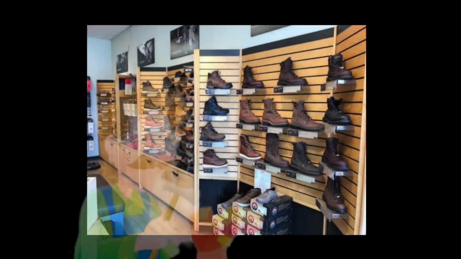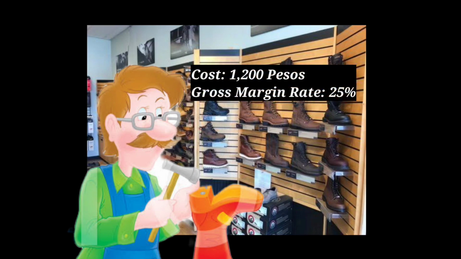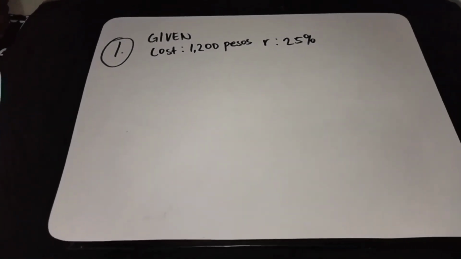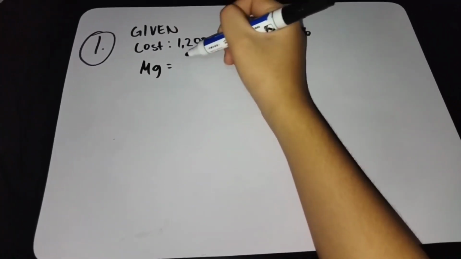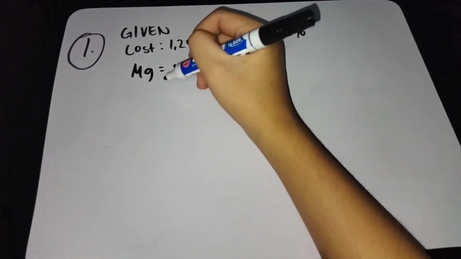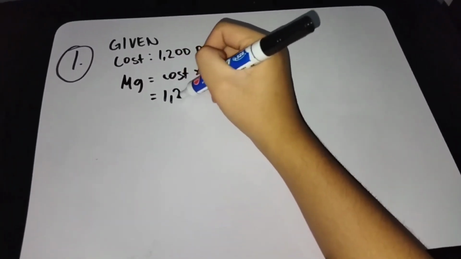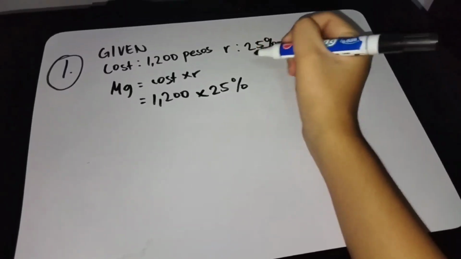So for our first example, the cost to produce Anthony's line of custom shoes was 1,200 pesos each. How much is the gross margin if the rate is 25%? So we're gonna use the formula to find the gross margin, that is cost multiplied by the rate. So that would be 1,200 pesos times 25%.